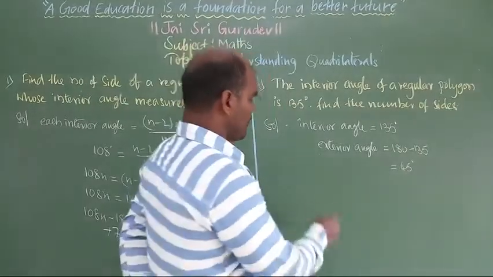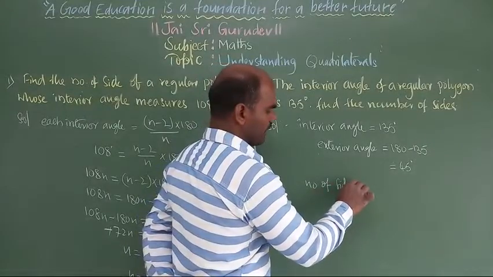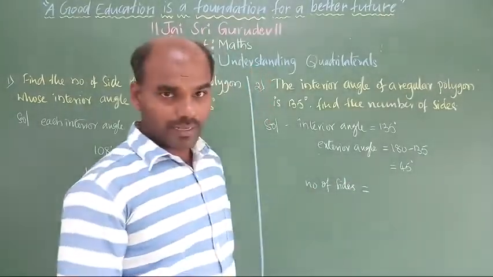The number of sides of the polygon is equal to 360 degrees by the exterior angle.